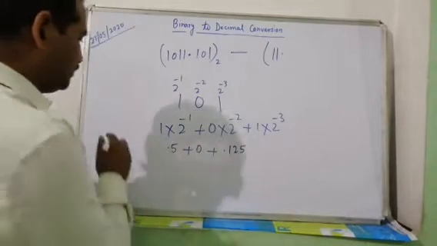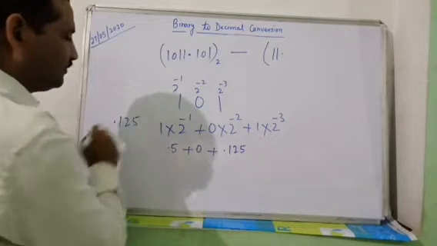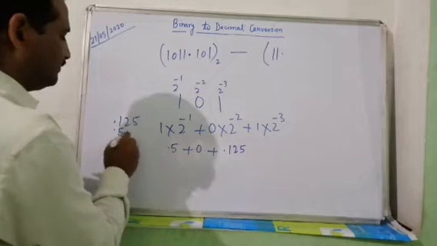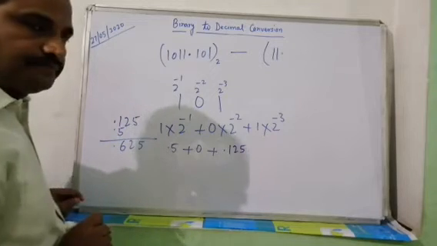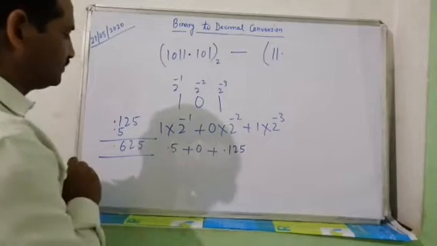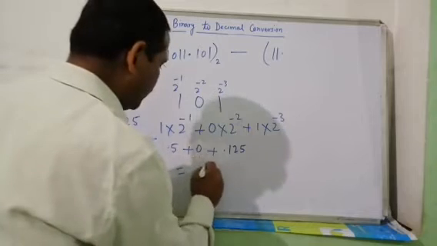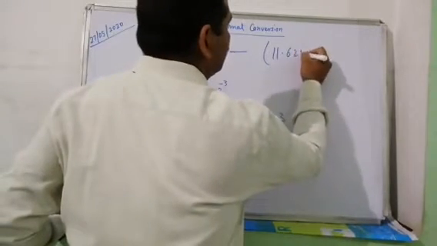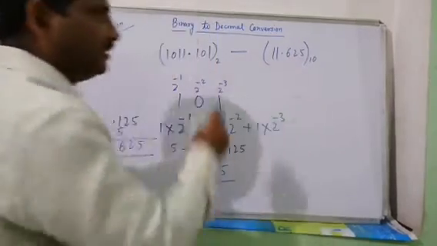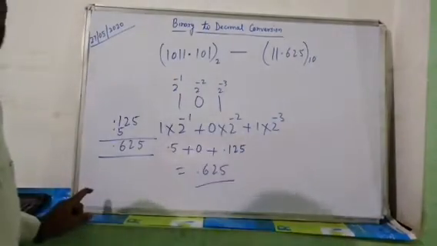This we have to add: 0.125 plus 0.5. So it will be 0.625. This is the decimal equivalent of this.